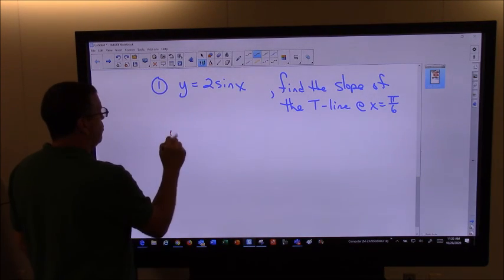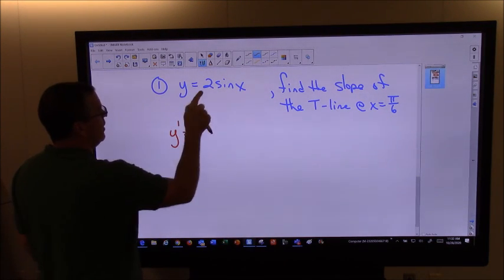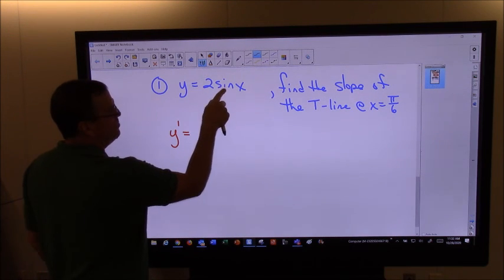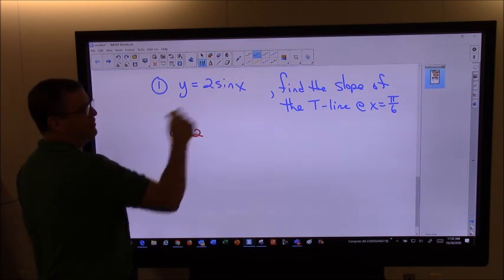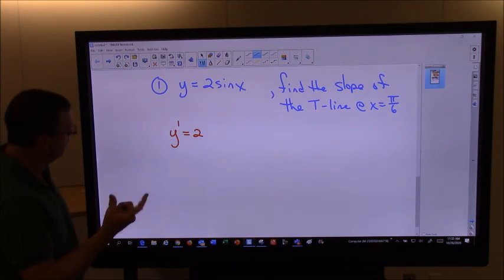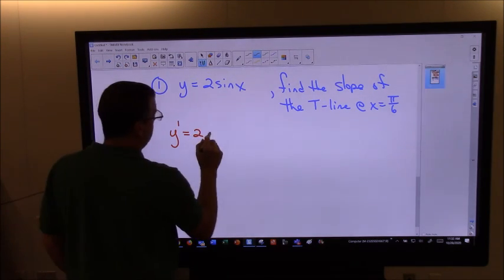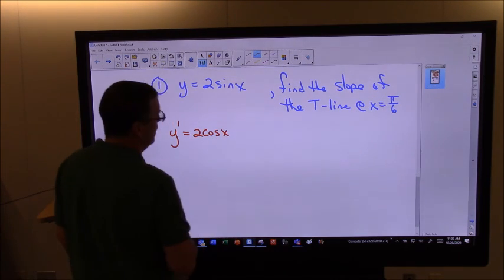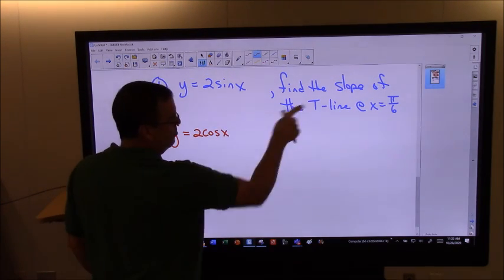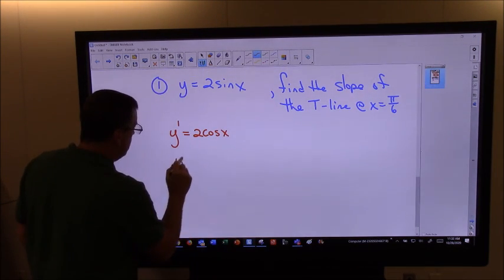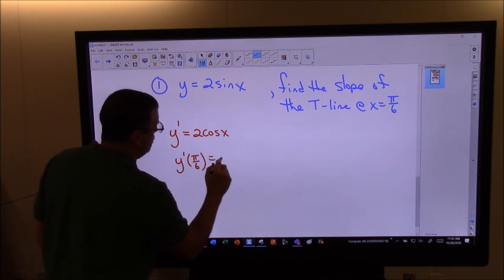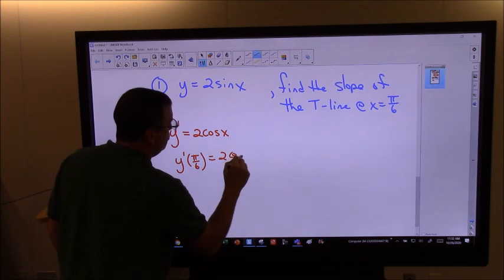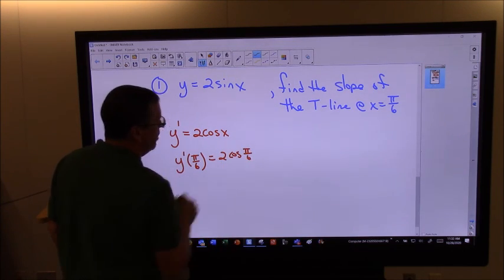All right, so y prime, I've got a constant times a function. So the derivative is just 2 times the derivative of that. And the derivative of sine of x is cosine of x. So what's the slope of the tangent line? y prime at pi over 6 is equal to 2 times the cosine of pi over 6.